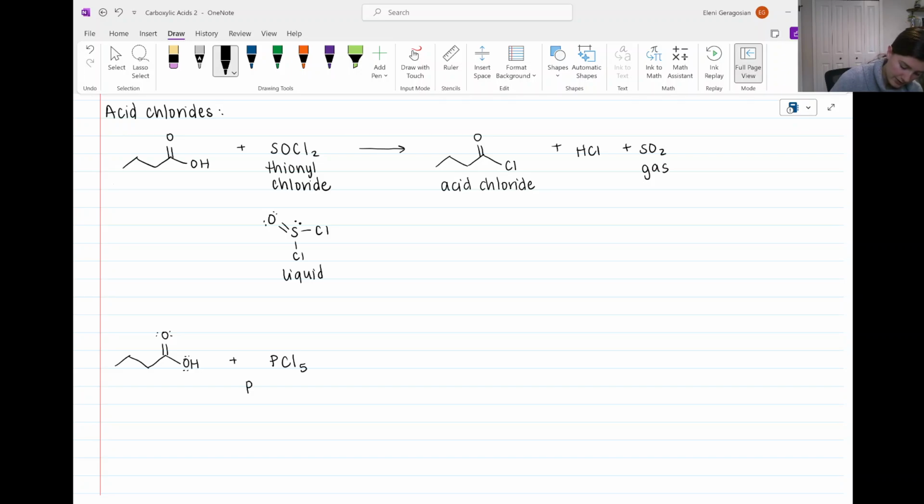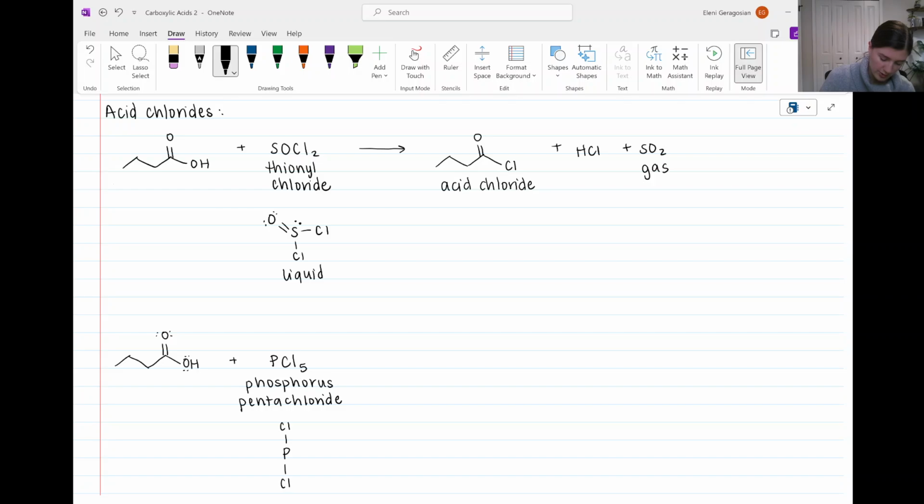PCl5 is phosphorus pentachloride. Phosphorus is another atom with an expanded octet, and in this molecule, phosphorus is bonded to 5 chlorine atoms. So each bond is a single bond to phosphorus.